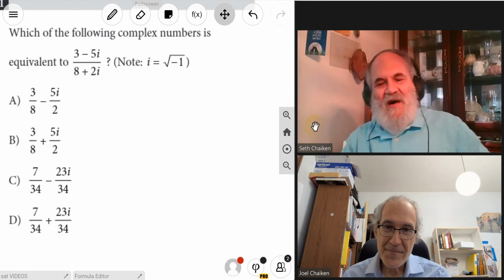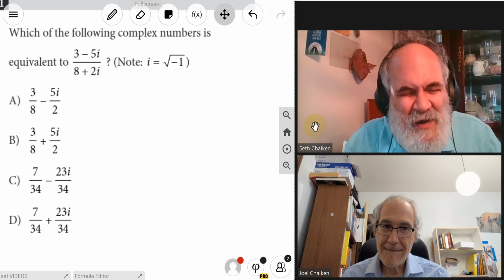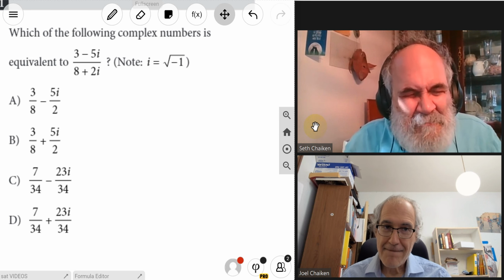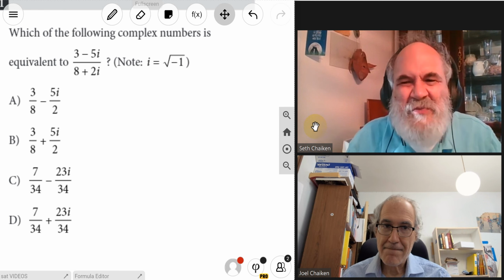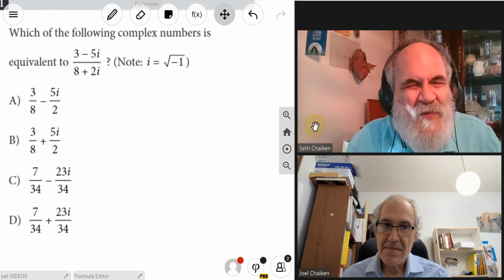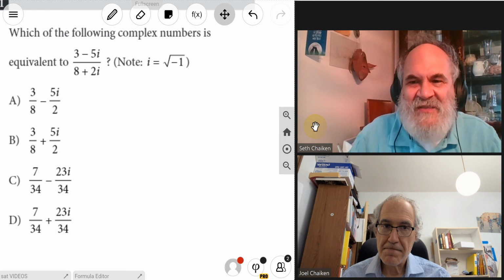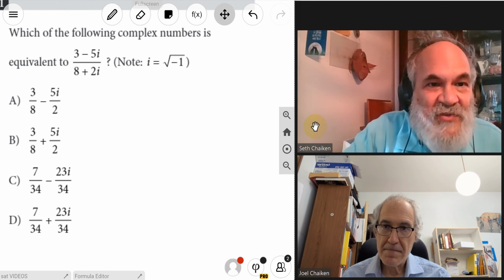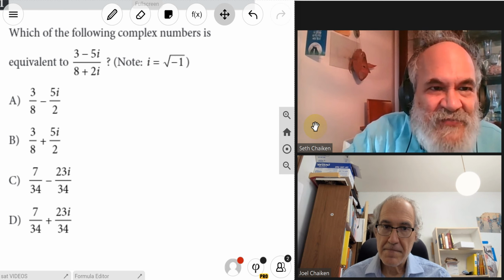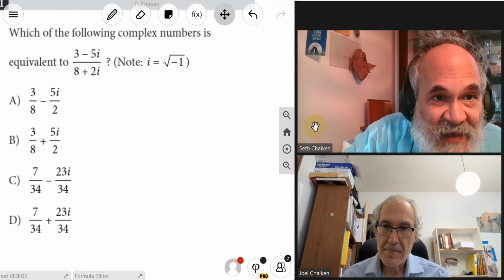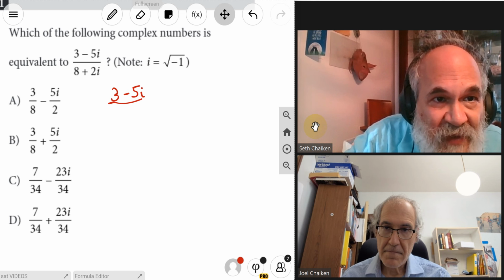Well, a complex number with an i in the denominator can always be converted to a form in which there's no i in the denominator. To solve this problem, you have to know the trick to convert the complex number that I'm about to finish writing.